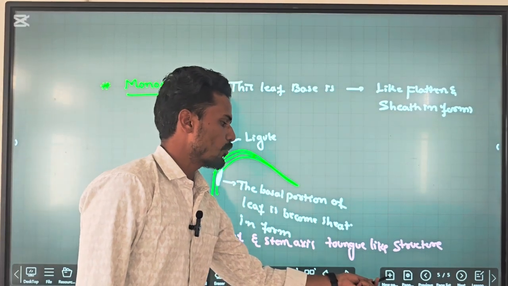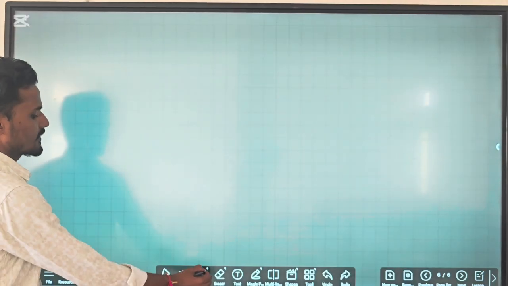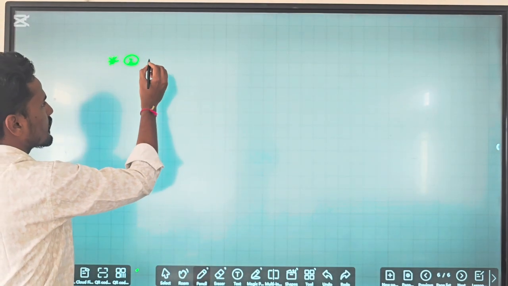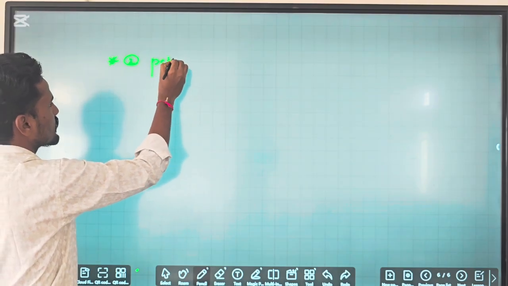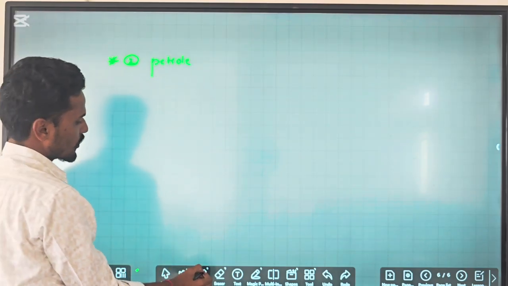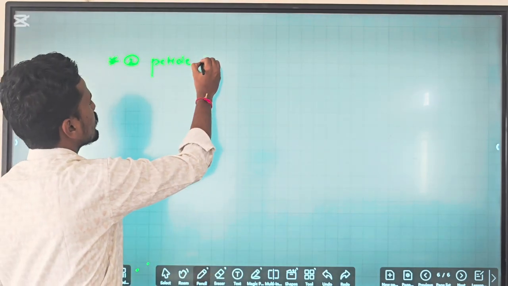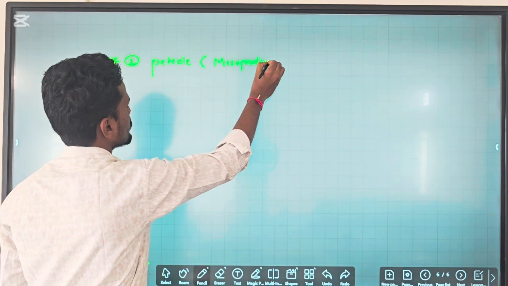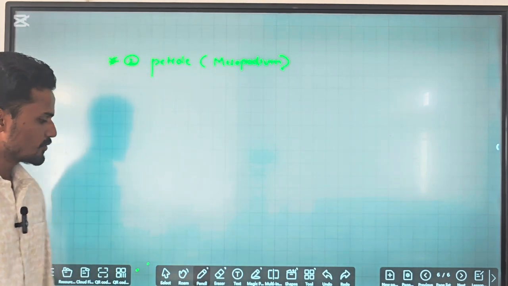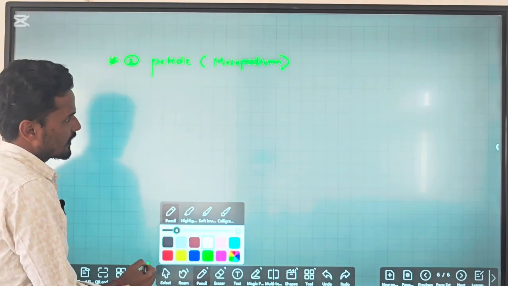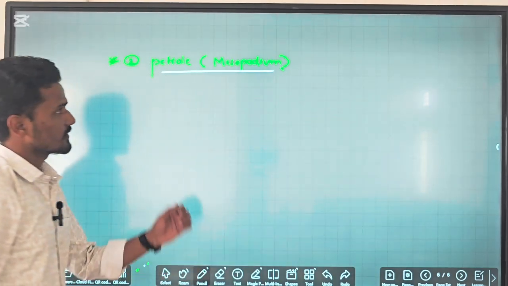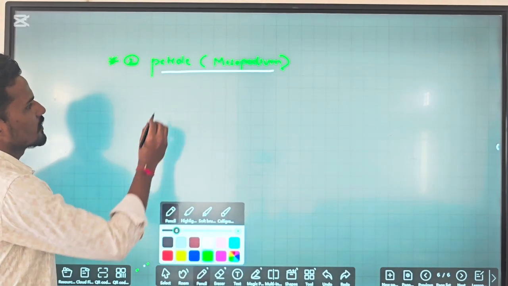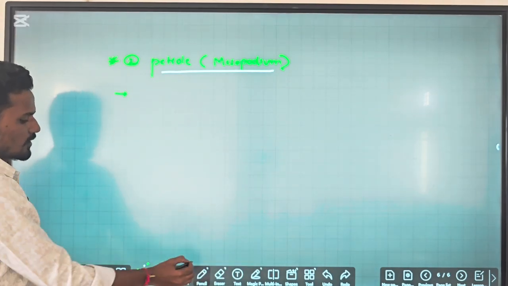Next we'll see the second important part of a leaf, that is the petiole. In botanical terminology, the petiole is called the mesopodium. Dear students, now we have discussed the leaf base, and now we are going to discuss the petiole.